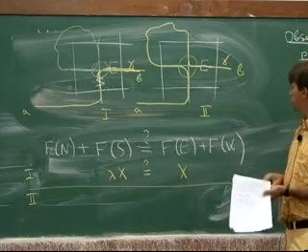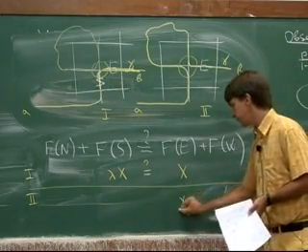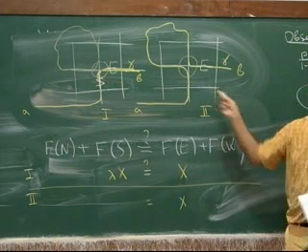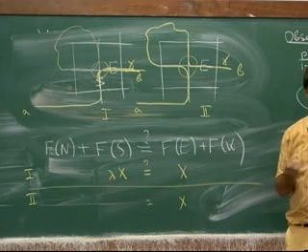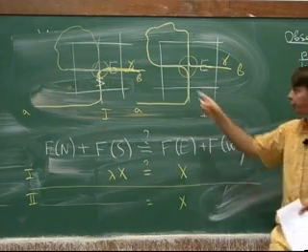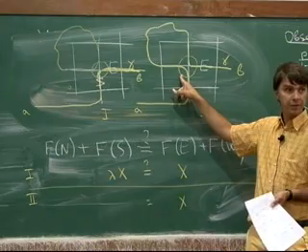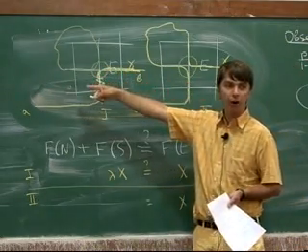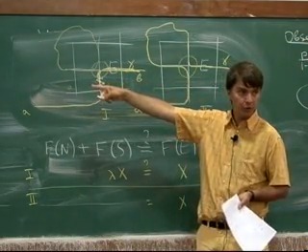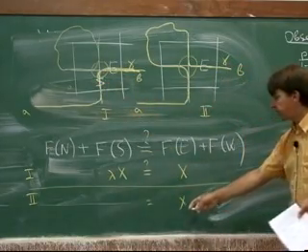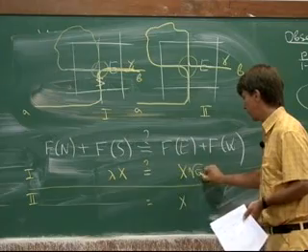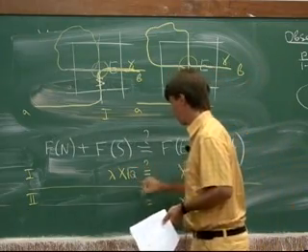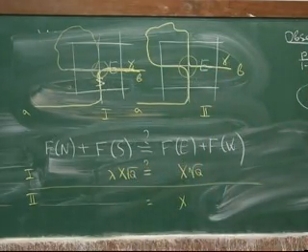So is it true that it contributes the same x to east, or has something else changed? Yes, the number of loops has changed. Here we have one loop less. This picture has one loop more, and the weight of a loop is square root of q. So I have to divide here by square root of q, but perhaps it's better if I put the square root of q above.